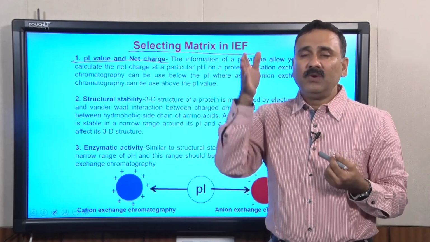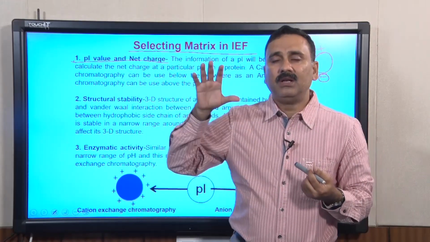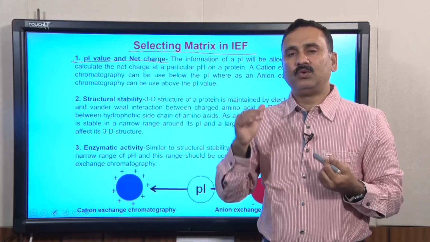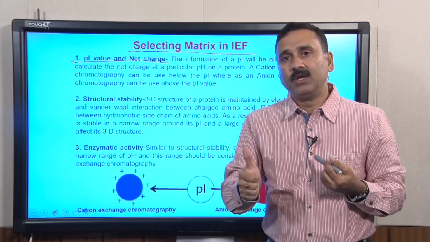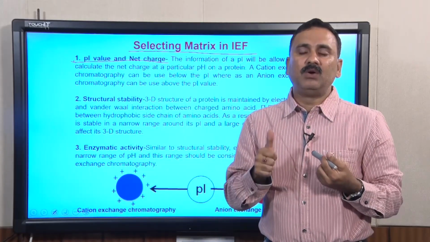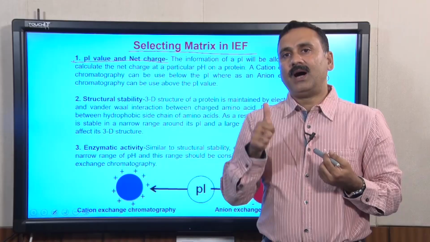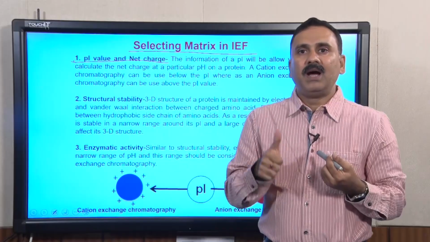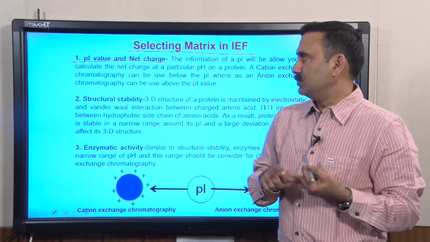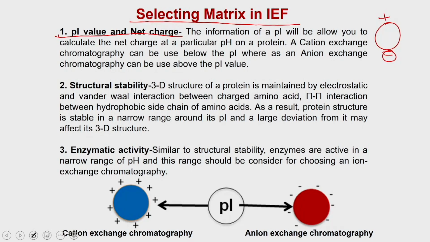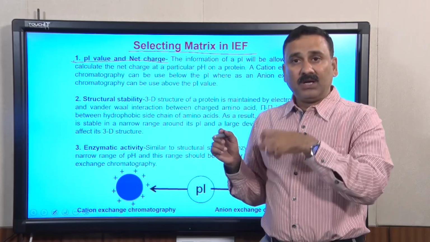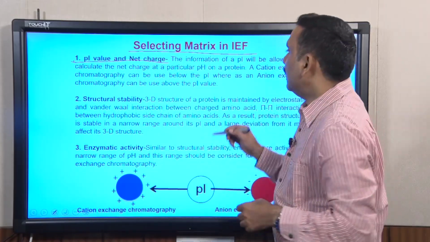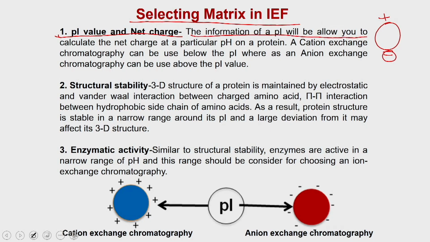As a result, you will reach a pH at which the net charge on your protein is going to be 0, and this pH at which your protein shows a net 0 charge is called the isoelectric point or the pI value. That pI value allows you to calculate the net charge present on the protein at any pH.